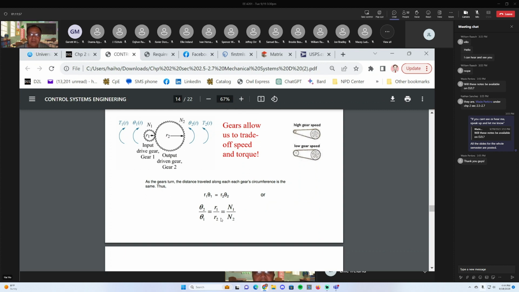Therefore the output angular displacement theta 2 is always going to be less than the angular displacement theta 1, meaning theta 1 can turn several revolutions and theta 2 may be less than a revolution if the ratio is large enough.